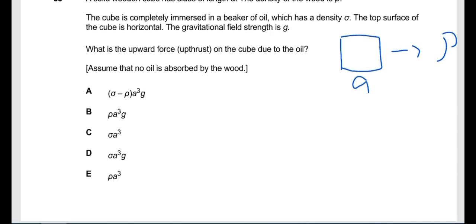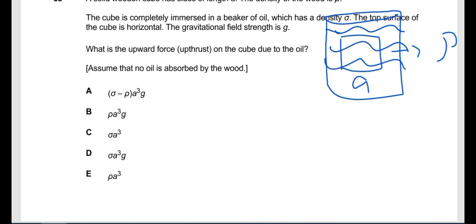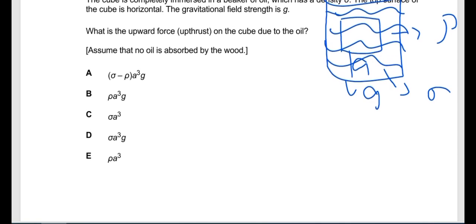The cube is completely immersed in a beaker of oil, which is filled with oily fluid. This oil has density sigma. The top surface of the cube is horizontal and the gravitational field strength is g.